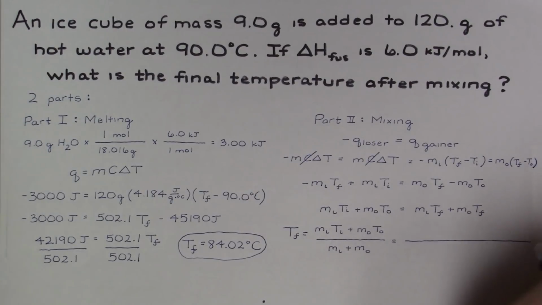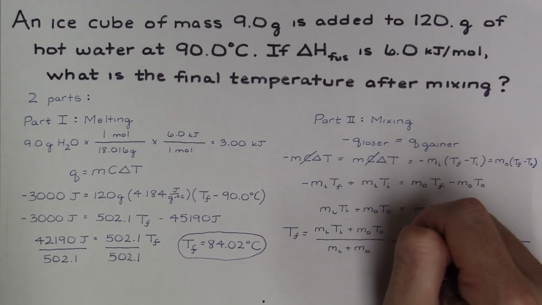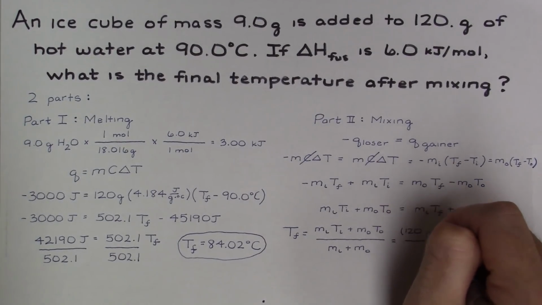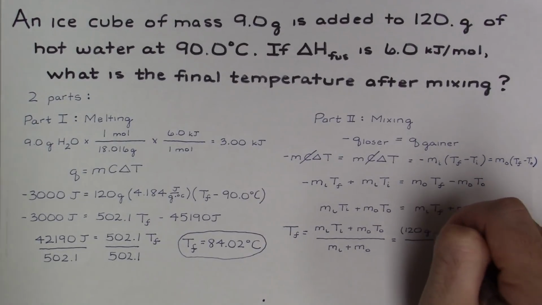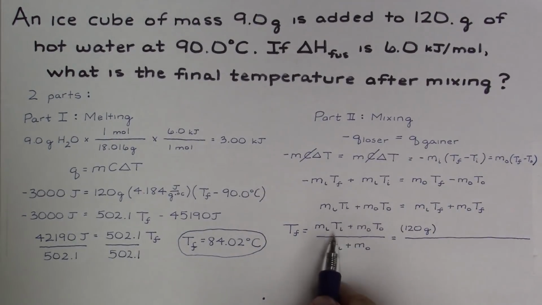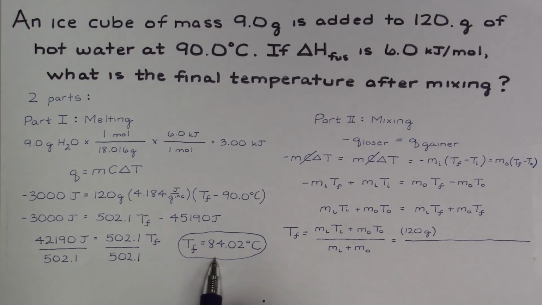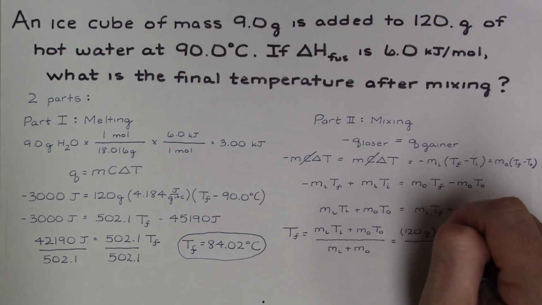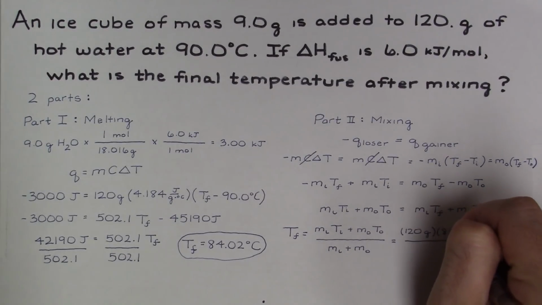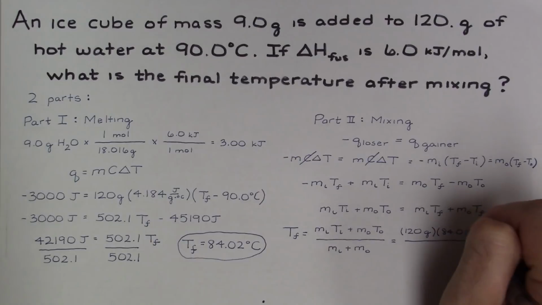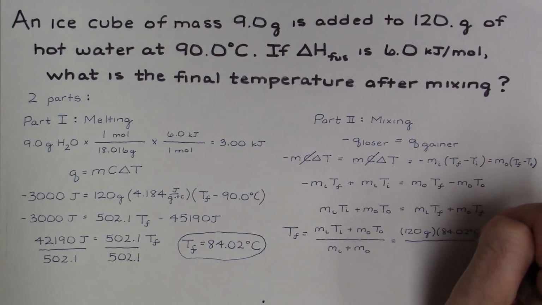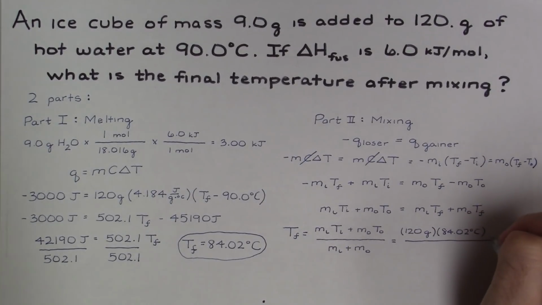Our Mi is going to be our hot water. So that's 120 grams of our hot water. Now our hot water temperature is our previous final temperature from part 1. So this means that our initial temperature of the hot water is going to be 84.02 degrees C.